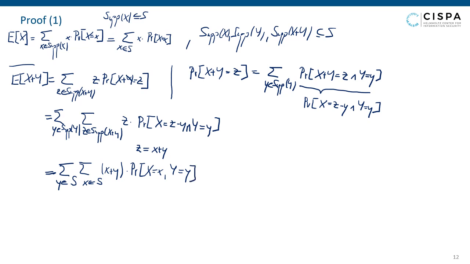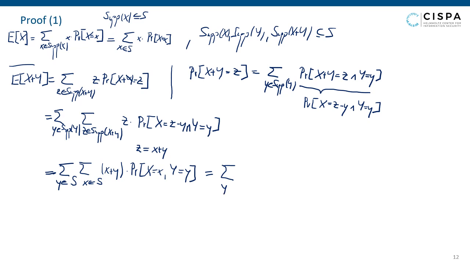And I have already a much nicer form of this expectation. Now it'll turn out I'll just have to apply the law of total probability twice more, and we will be done.